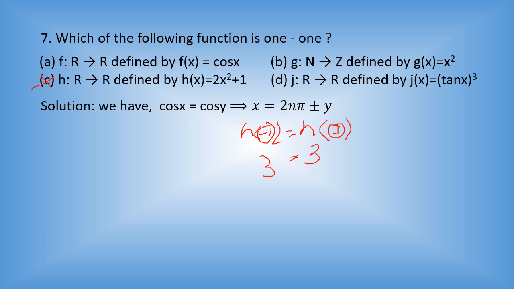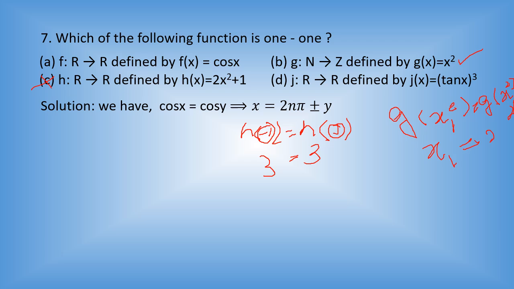Next we move to option B here. g is a mapping from natural numbers to integers defined by g of x is equal to x square. Clearly I can say that this is 1-1 here, because if I take g of x1 square equal to g of x2 square, then x1 is equal to x2.